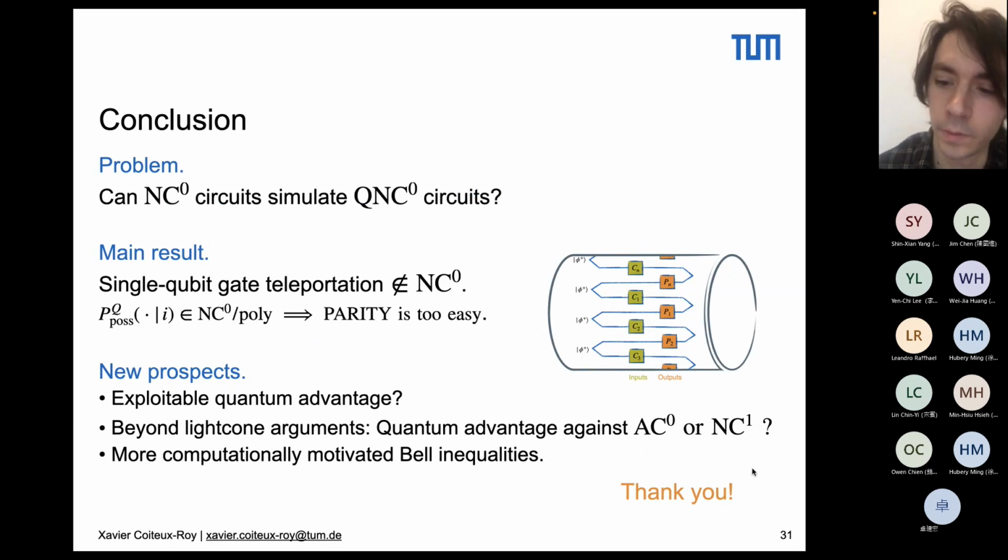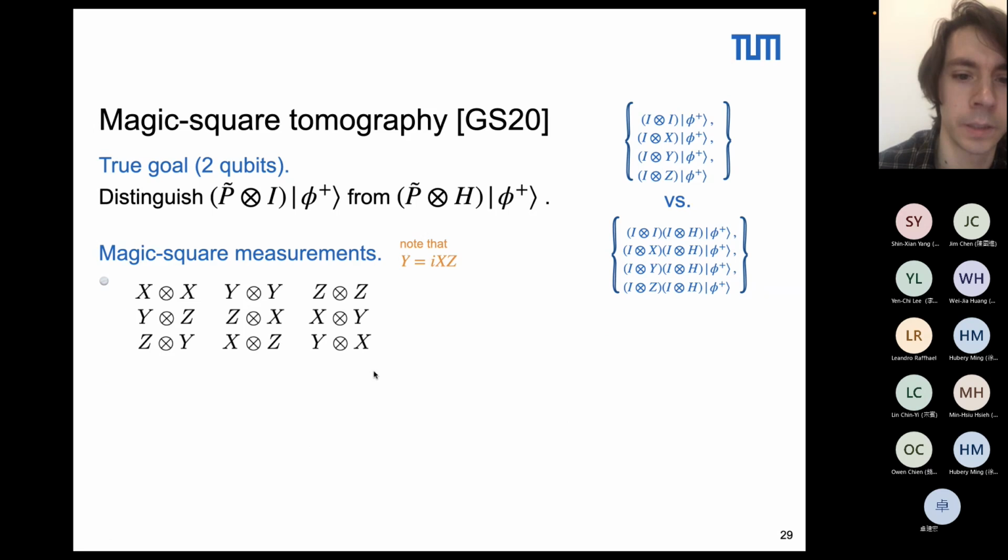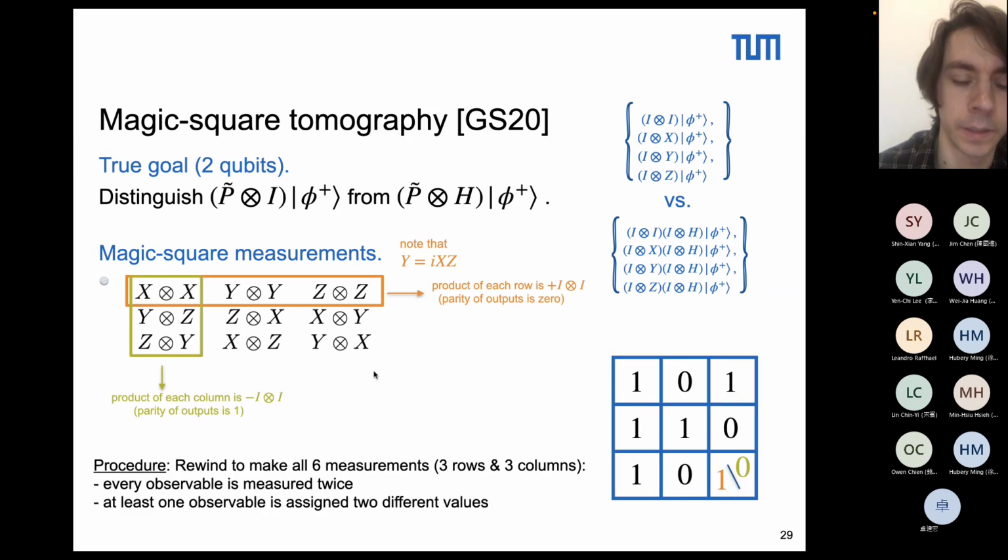Okay, I have one, at least. If you go back one slide. This one? Yeah, this one. I think I got the main idea of how you make this work, but it's not really clear to me how this rewind is done.